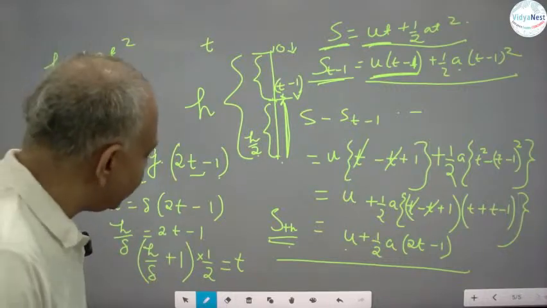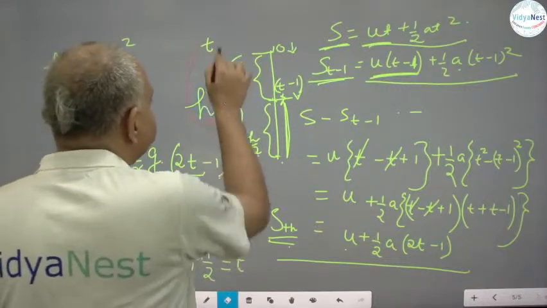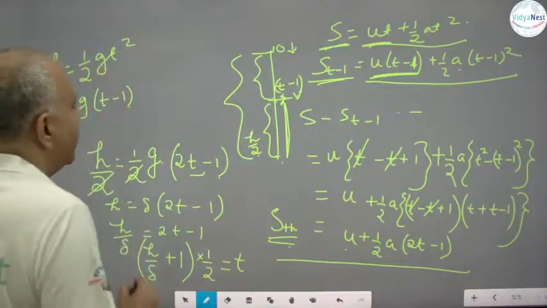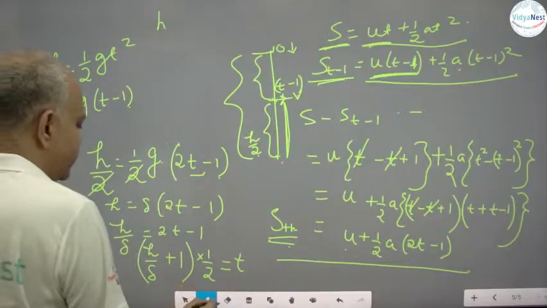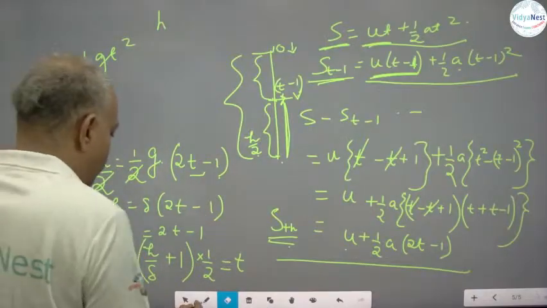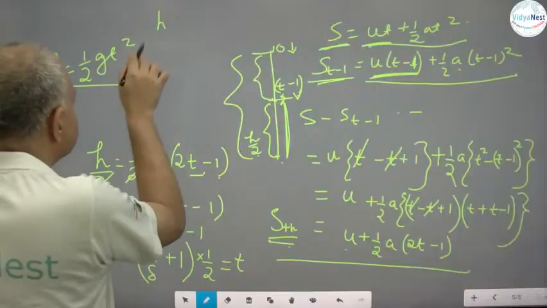Just like one expression we can also find here, one expression like this way. This h, we've already seen that. H is equal to half g t square.